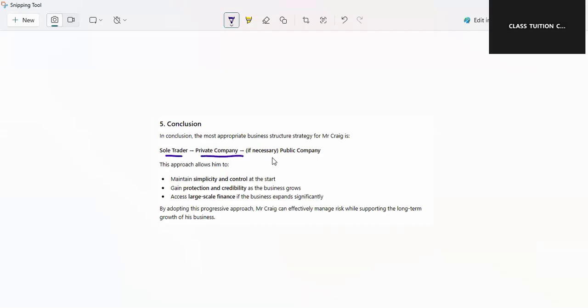If necessary, go to a public company. So why is this approach appropriate to him? If he wants to maintain simplicity and control at the start, then also gain what? Protection and credibility, so you go to the private company, then access large-scale financing, you go to public. So all these are progressive approaches that we would advise Mr. Craig to adopt. Is that clear? Yes, it is. Thank you.